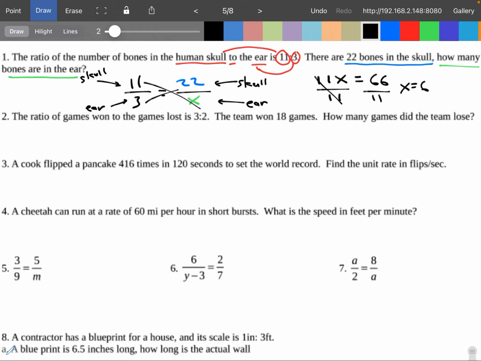And then we're just going to divide both sides by 11. The 11s are going to cancel, and we get x equals 6. Usually on these, since they're word problems, you got to put the units on there. In this case, the x was the number of ear bones, right? So the answer is x equals 6 ear bones.